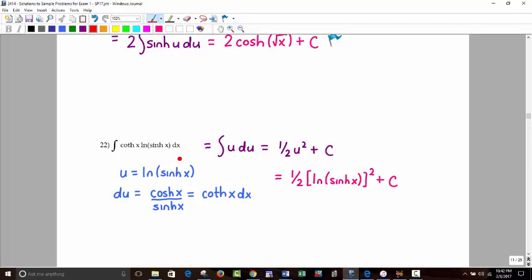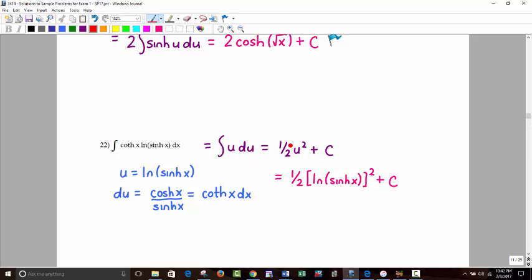Because then what happens is you take the derivative. The derivative of natural log, of course, is du over u, which will be cosh over sinh, and that equals hyperbolic cotangent. Perfect fit. So this is another one where the choice of u could be a little tricky, but then it fits perfectly. So now there's nothing to adjust for, so all that mess in the integral just ends up being u du.